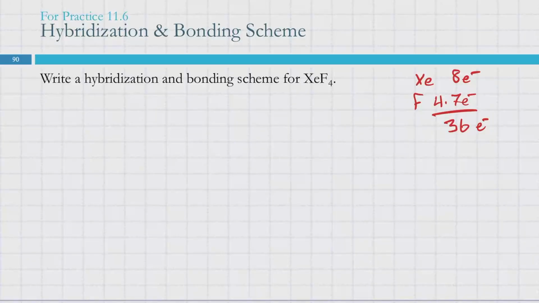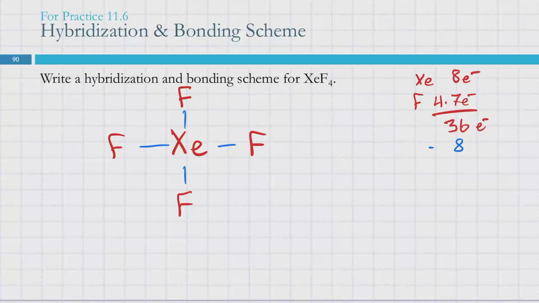Fluorine only likes to form 1 bond. Fluorines go around the outside. To get everything connected, we need 4 bonds. So our minimum bonding electrons is 8. We're going to be left with 28 remaining electrons.